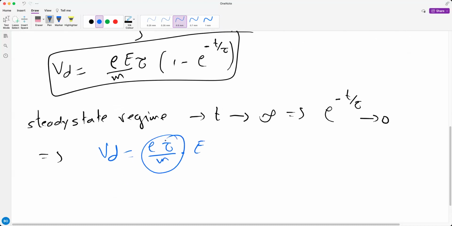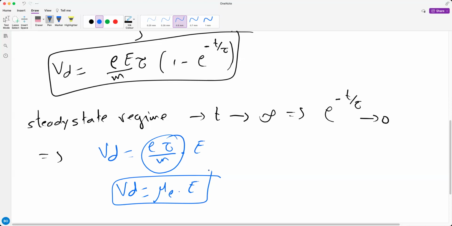And what is this quantity? Mobility. Exactly. So you can see, just using very simple classical mechanics, F equal ma, you can calculate the electrical properties of a metal, like drift velocity, conductivity, resistivity, current density, of course current, and all these parameters.